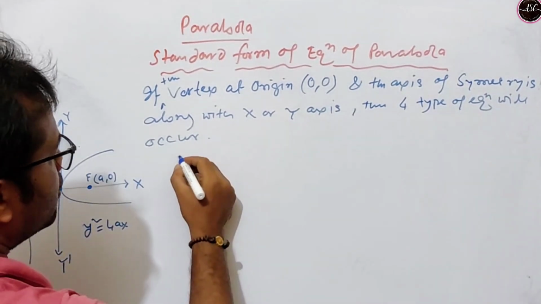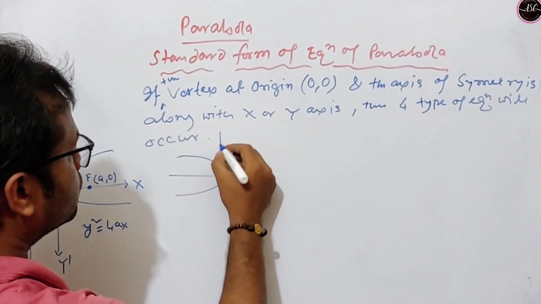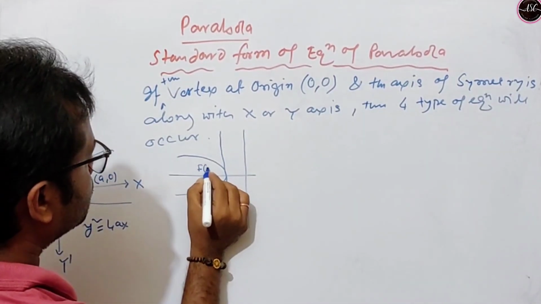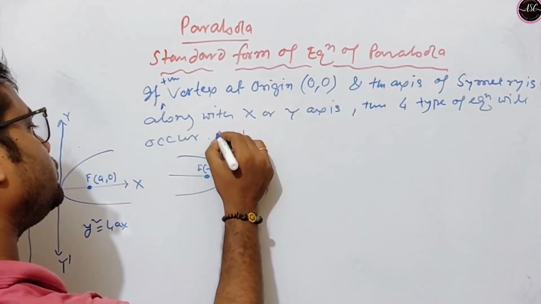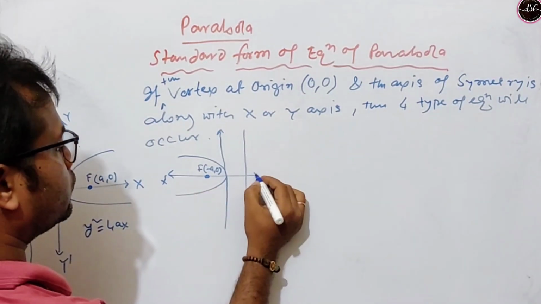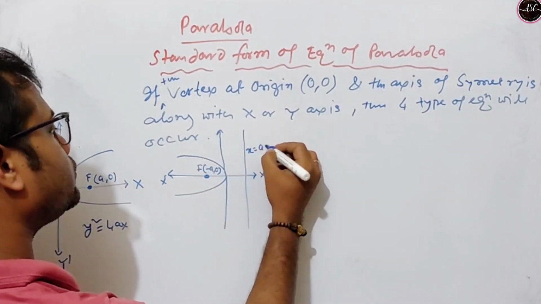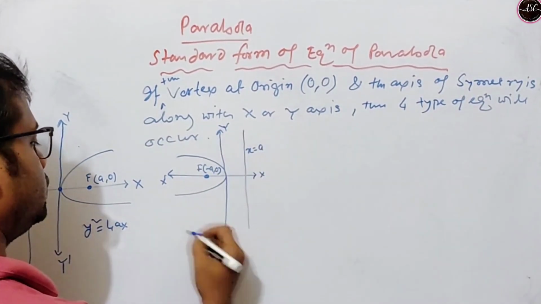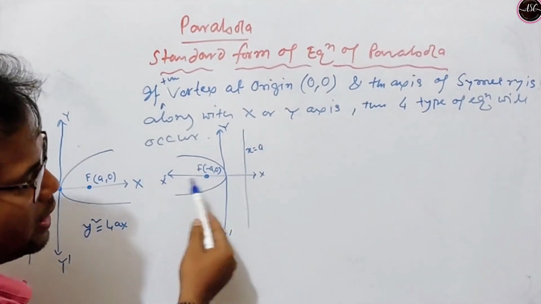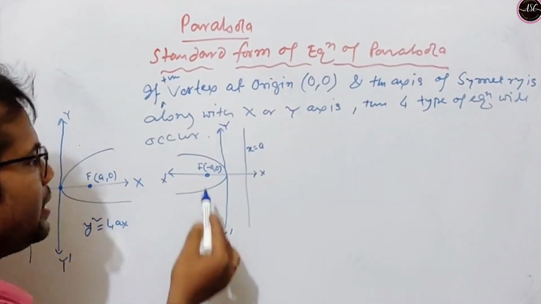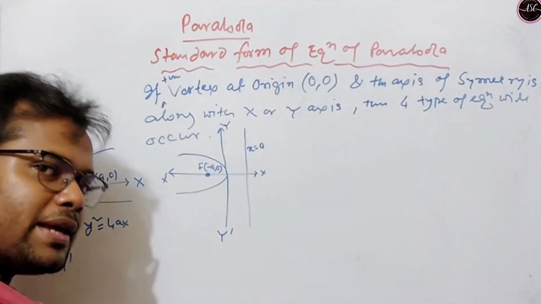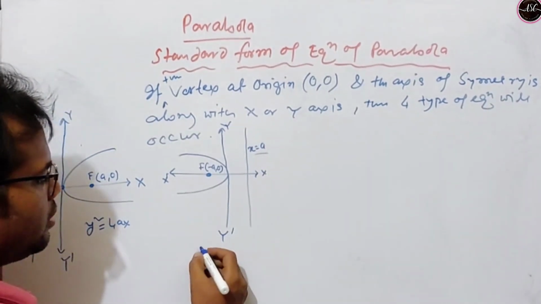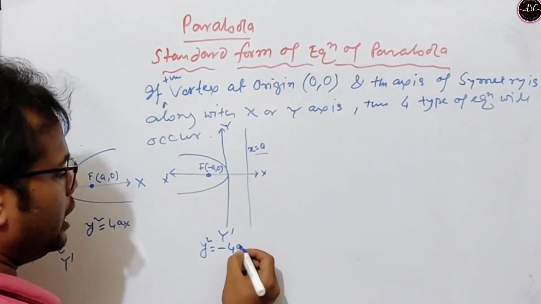Similarly, when the axis is along the x axis and F equal to (minus a, 0), then the directrix equation is x equal to a, and the equation of the parabola is y square equal to minus 4ax.